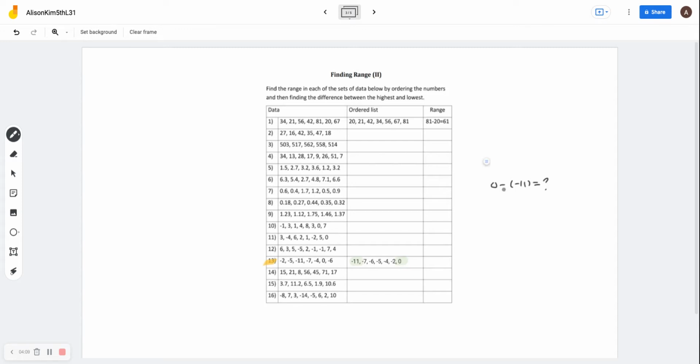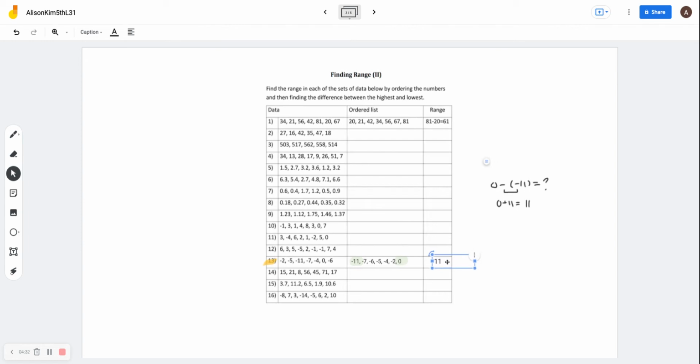When negative and negative are right next to each other and you're subtracting, then it becomes a positive. So it will be 0 plus 11, which equals 11. So our range will be 11.